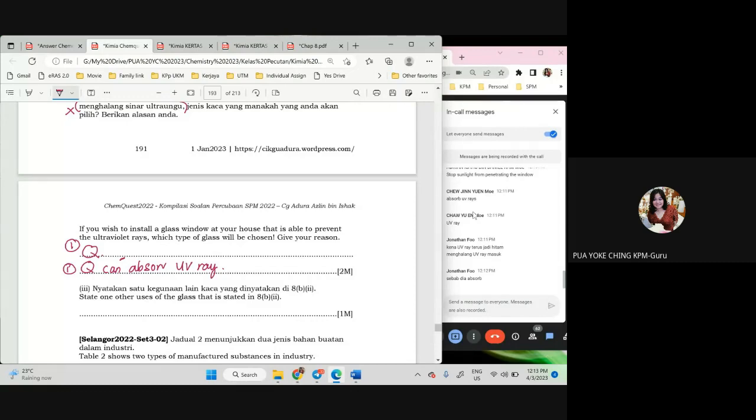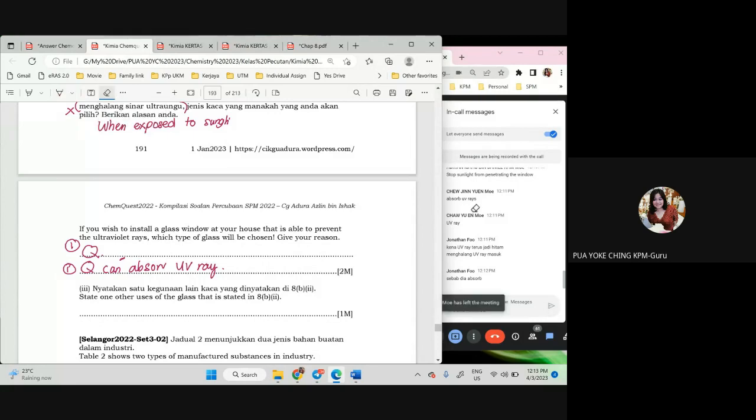So, dia menghalang lah. But some of the students, they will write like Jonathan punya first answer. Kena UV ray terus jadi hitam. Cannot be only one. You must write both. So, I give you the full answer. When exposed to sunlight. Apabila terdedah kepada cahaya matahari.